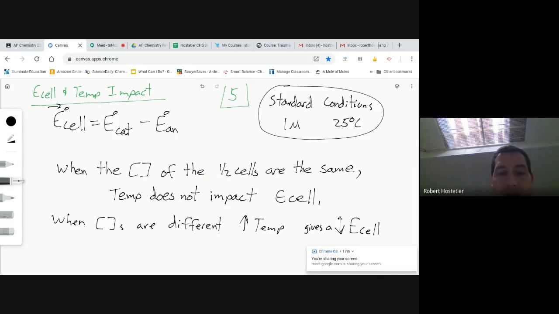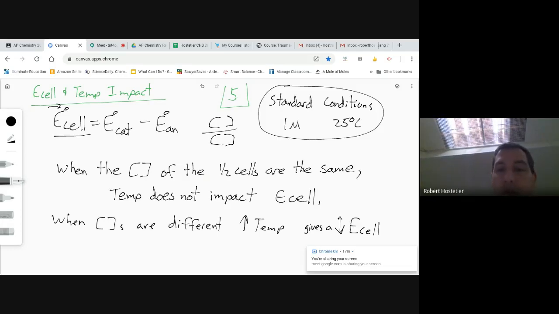It is on the sheet, and sometimes they ask you what happens to the E for the cell under different conditions of temperature or different conditions of concentration. And so you'll see these different cathode and anode concentrations in the reaction.